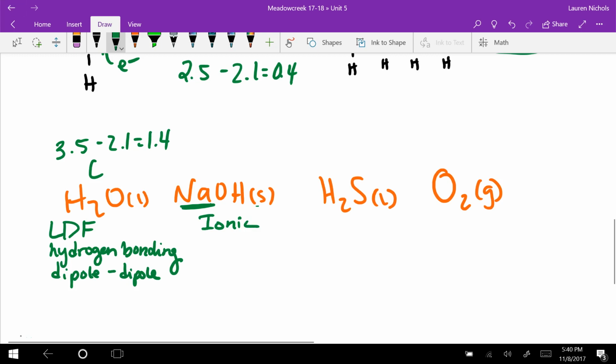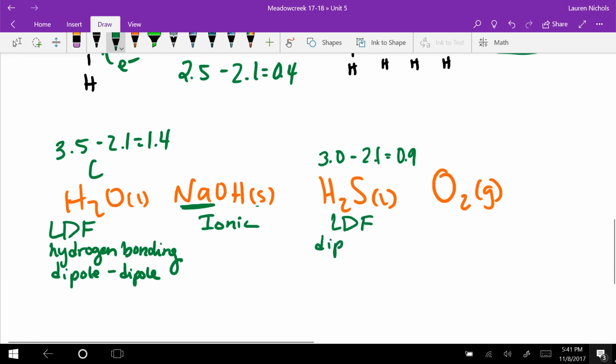H2S is going to have London dispersion forces. Sulfur is around 3.0, and hydrogen is 2.1, so you get 0.9, okay? So you're still polar covalent, not as polar as water is, but still pretty polar.